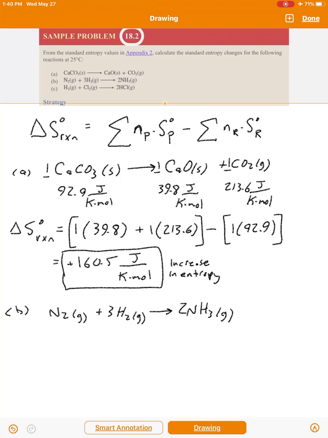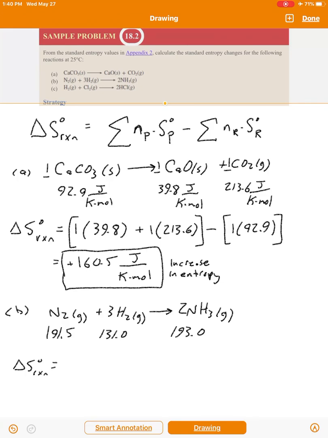So for N2, it's 191.5. That's the standard entropy value for N2 at 298 Kelvin. And 131.0 for hydrogen. For ammonia, it's 193.0. Okay. So now we can run it through the equation.